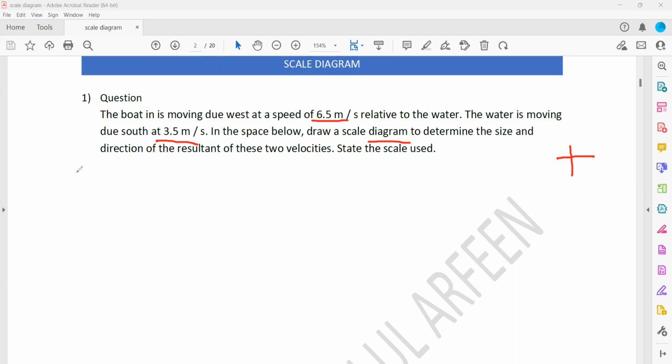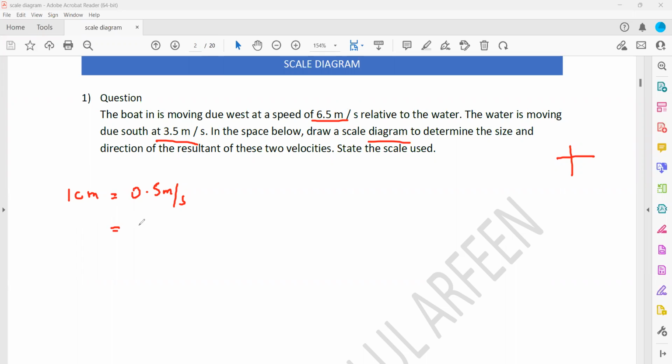So for example, I select 1 centimeter equals 0.5 meter per second. Because we cannot draw meters per second, we have to convert into centimeters. So I select a scale such that 0.5 meter per second is equivalent to 1 centimeter.